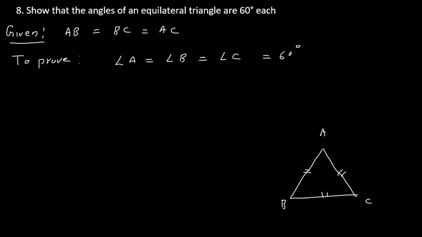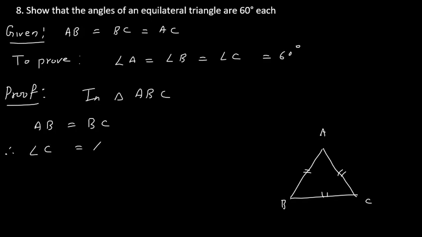Now in the proof, I will say that in triangle ABC, first I will take AB equal to BC. Therefore angle C is equal to angle A. This is equation 1, by the isosceles triangle theorem.